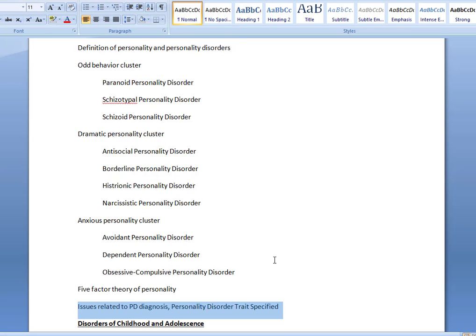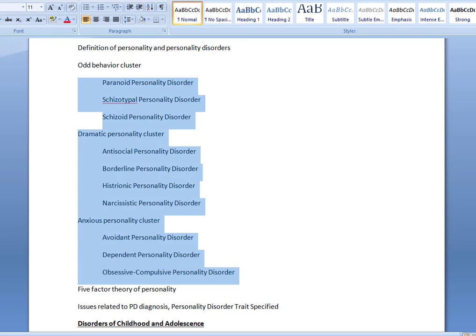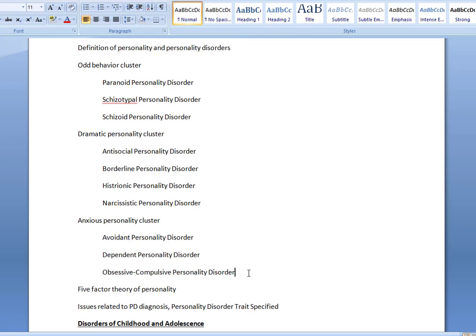The thought is that individuals who meet criteria for one of these disorders often are having symptoms of another disorder, but if they don't meet criteria for both disorders, then the symptoms of the other disorder may go untreated or just ignored, basically. So perhaps it's more accurate, instead of trying to force these disorders into a neat little box, to have a general diagnosis that would then allow us to list the specific problems. But for the time being, we have these 10 personality diagnoses.